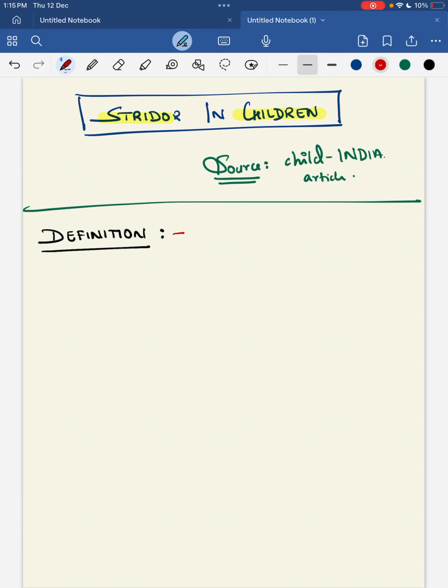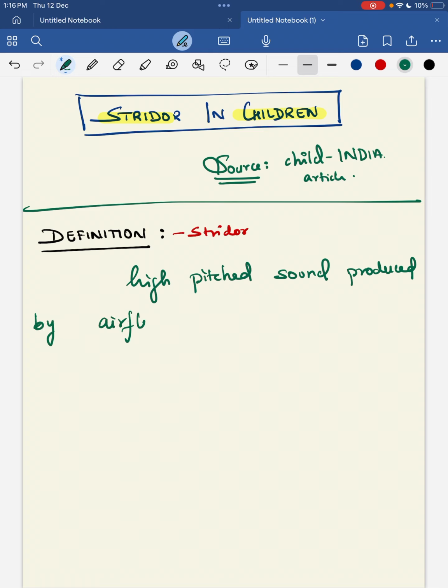The definition of stridor: stridor is nothing but a high pitched sound that is produced by airflow turbulence through a partially obstructed airway.